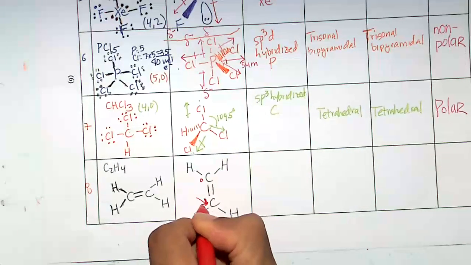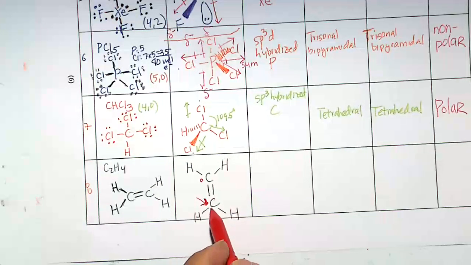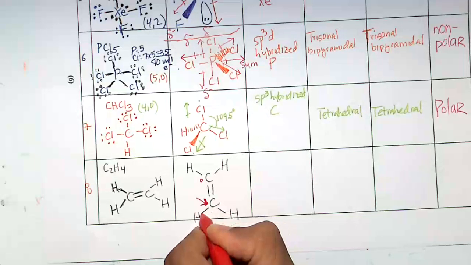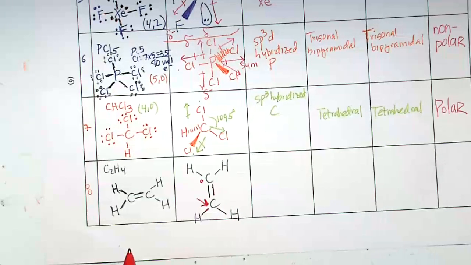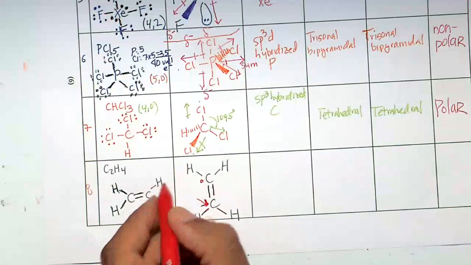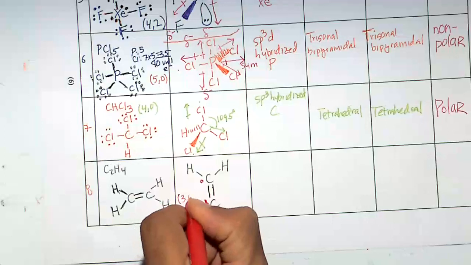What's this carbon? How many bonding and how many lone pairs? 1, 2, and then 3. So how many lone pairs? 0. So 3 bonding and 0 lone pairs.